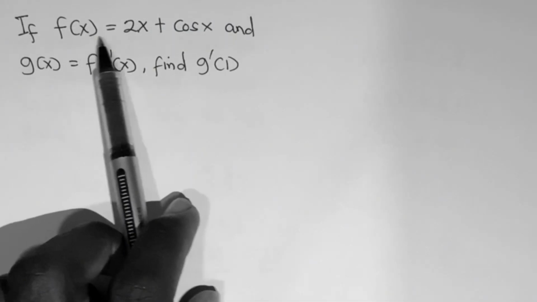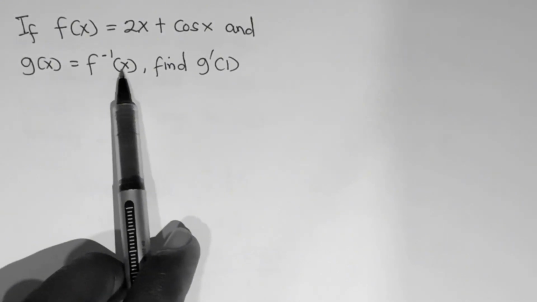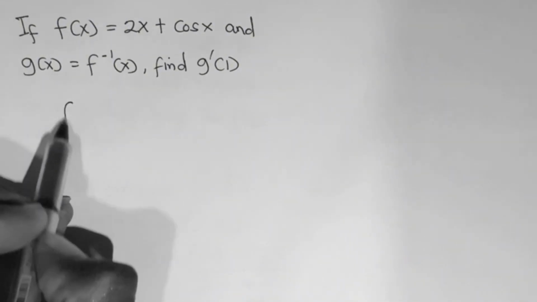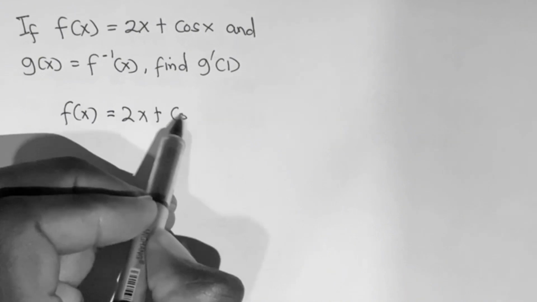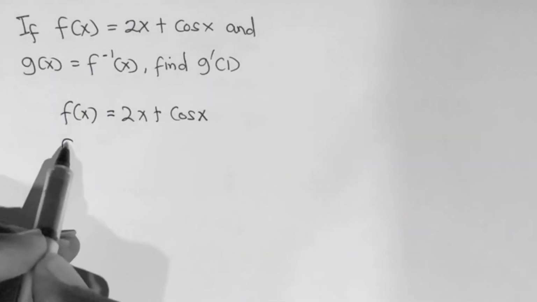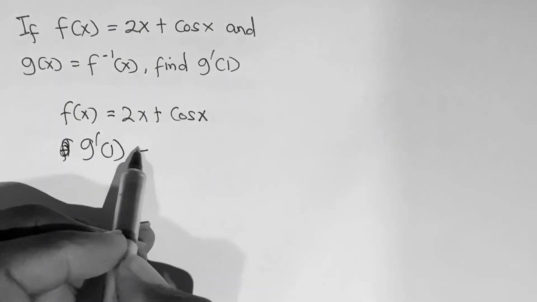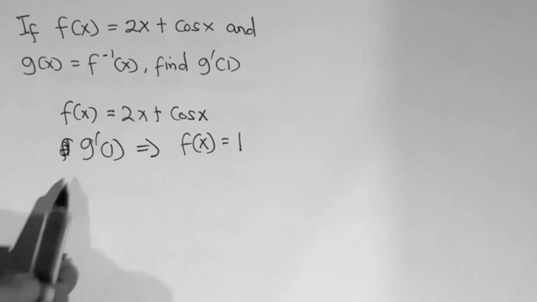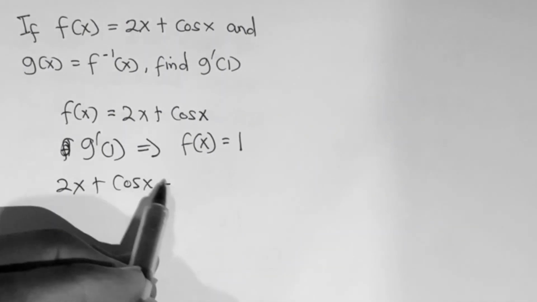So if f of x is equal to 2x plus cos x, and g of x is equal to f inverse of x, find g prime of 1. So now f of x is equal to 2x plus cos x. So now g prime of 1 implies that f of x is equal to 1. So this means that 2x plus cos x is equal to 1.